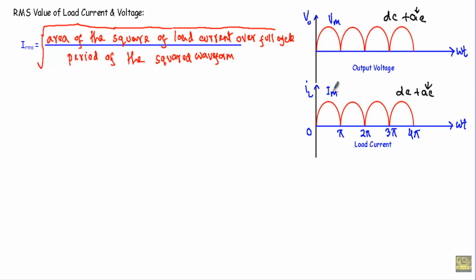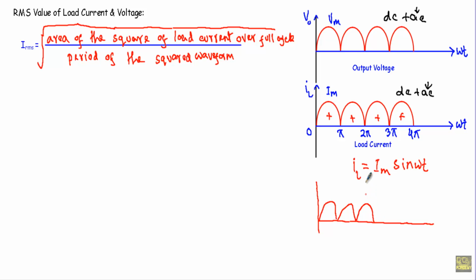This is IL, and IL is equal to Im sin ωt, and all the values of the load current are positive. If I take the square of this waveform, I will get Im square. That means from 0 to π I will get Im square, π to 2π Im square, 2π to 3π Im square. So it will be our IL square.